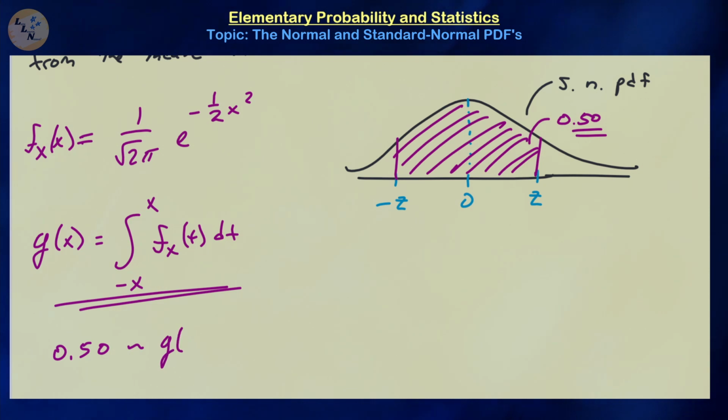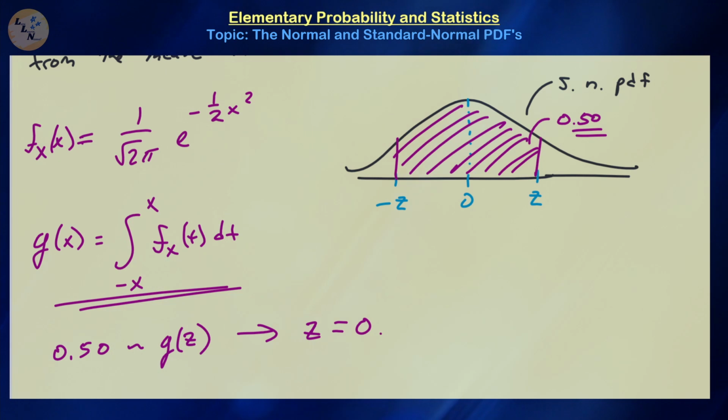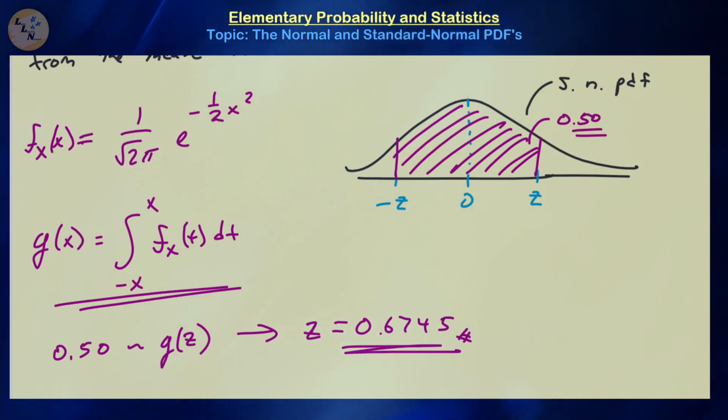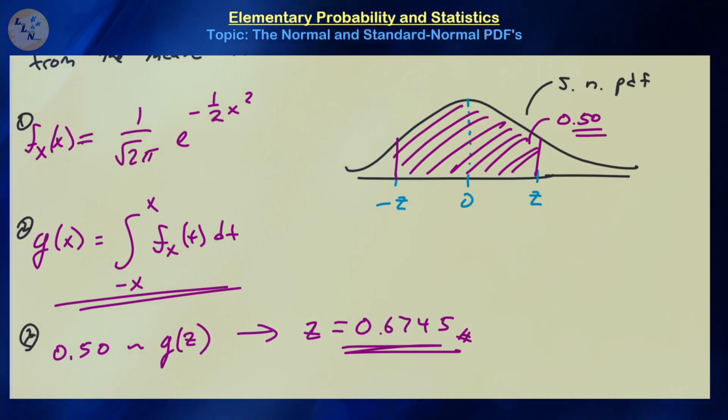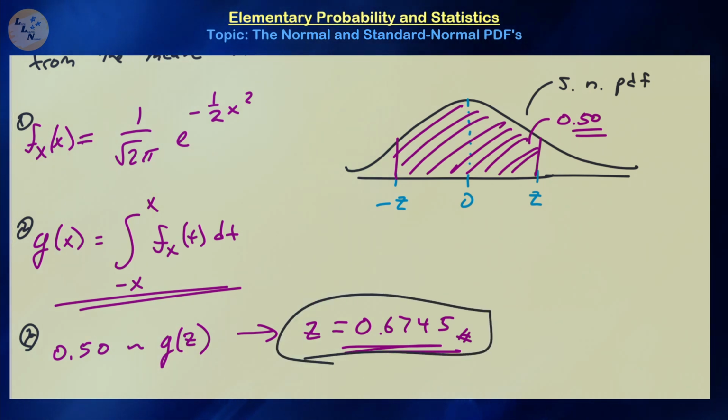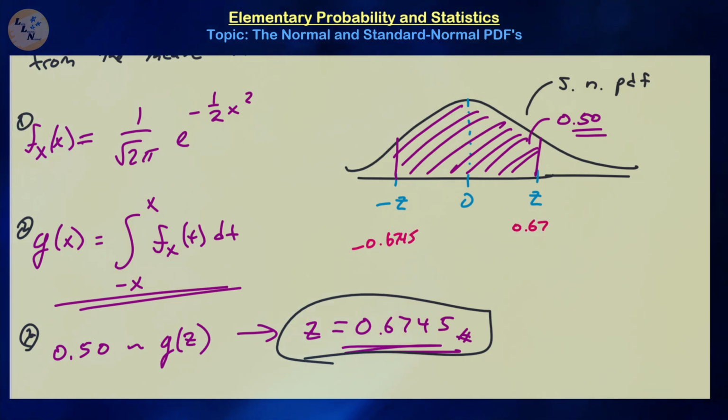So we set that equal to g of z, and that's going to give us a z value of 0.6745. Right? So in terms of Desmos, that would be your line 1, that would be your line 2, and that would be your line 3. And I guess that would be your line 4 output if it doesn't tell you directly. So that means in between the z-scores of negative 0.6745 and 0.6745, 50% of the data will always be between these particular two values.